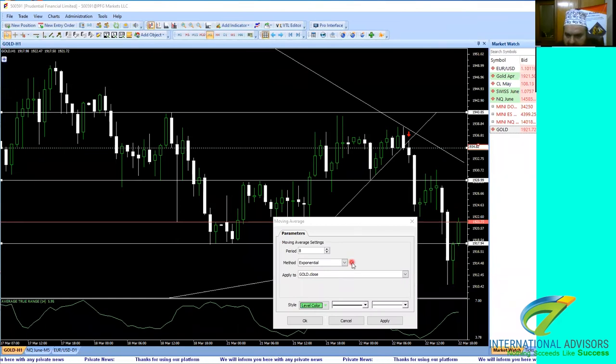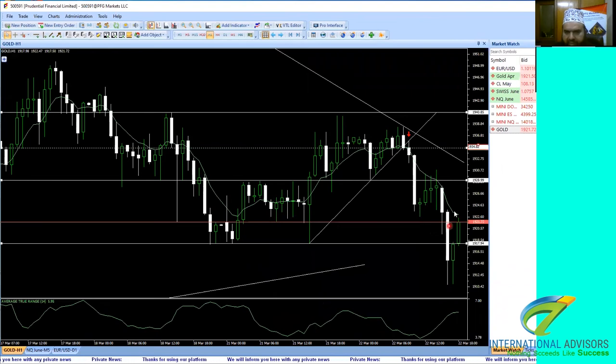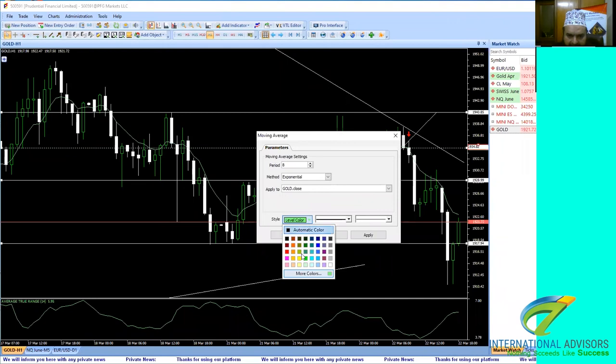All right, so 8 EMA means exponential moving average of period 8. You select exponential from method, then period 8, and then apply. You can change the color as well by right clicking on any parameters, going to properties, and then maybe, for example, we keep it orange here.